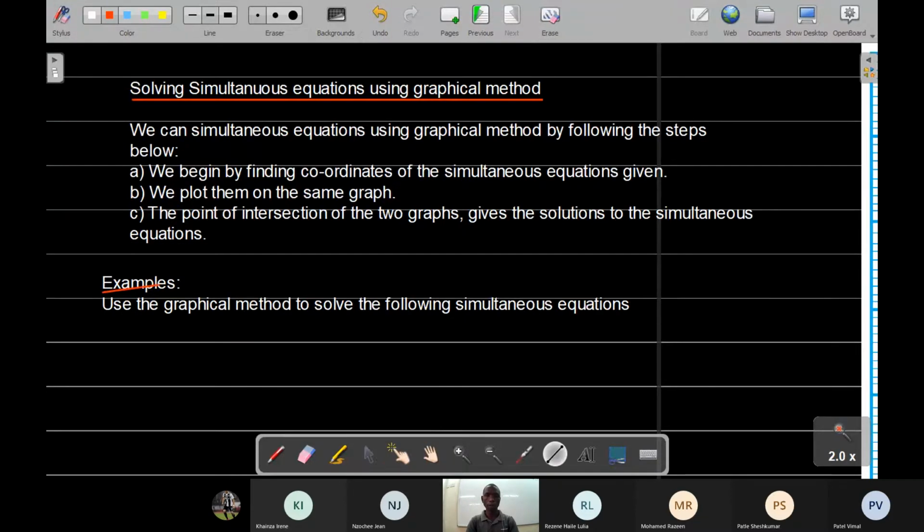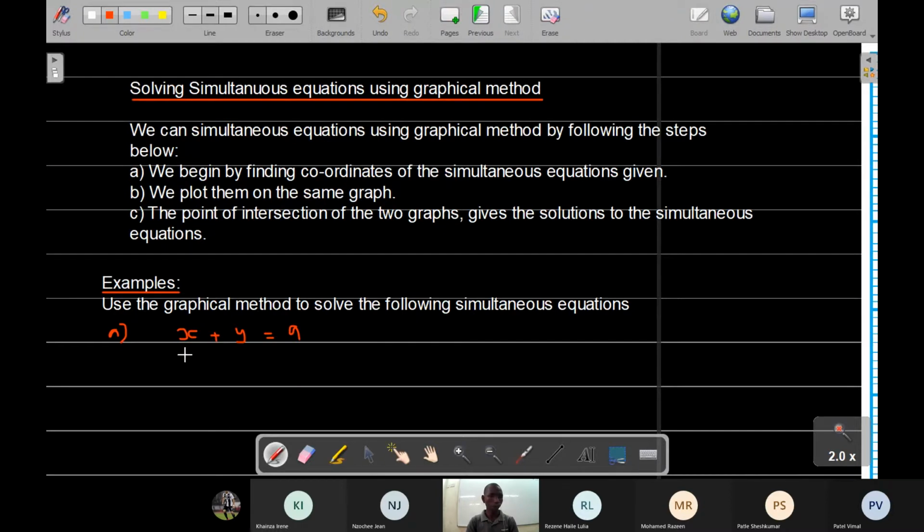I'm going to have here A. So I will have here the first set of the simultaneous equations: x plus y equals 9.